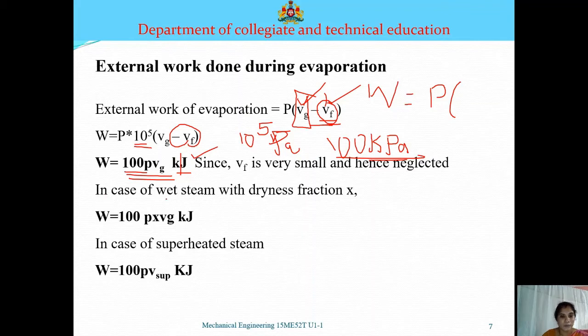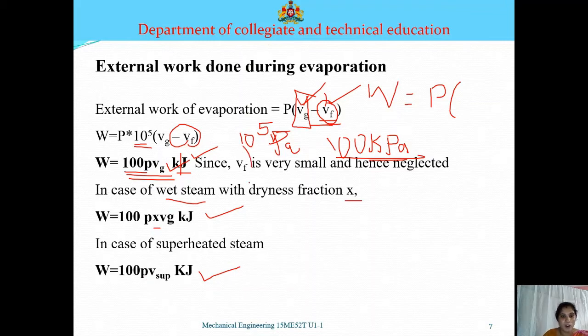If the steam is wet, then we need to add the dryness fraction to that formula. Then the formula will be 100 P into X into Vg, where X indicates the dryness fraction. This formula 100 into P into Vg holds good for dry steam. And for superheated steam, we'll write the formula as 100 into P into V superheated.